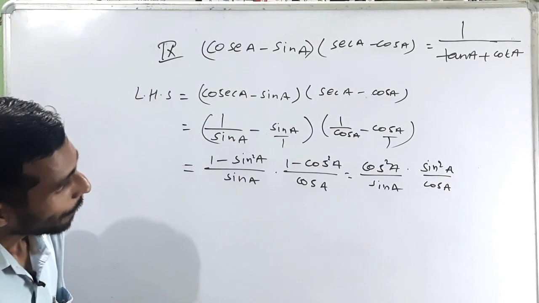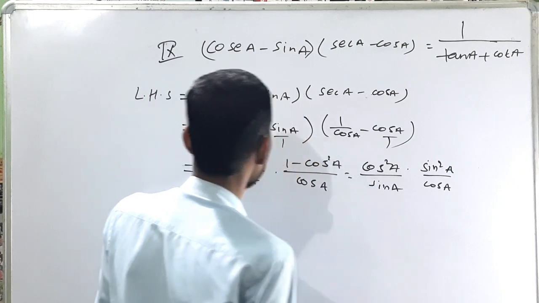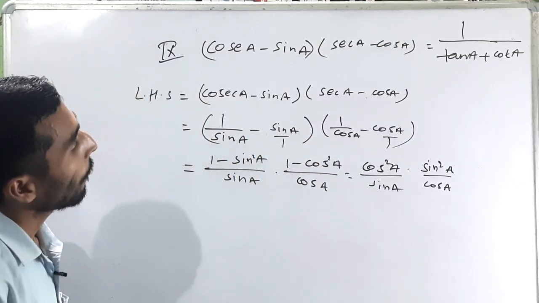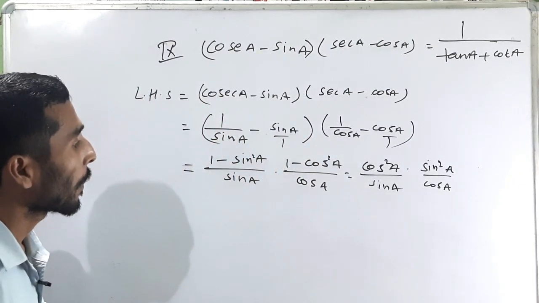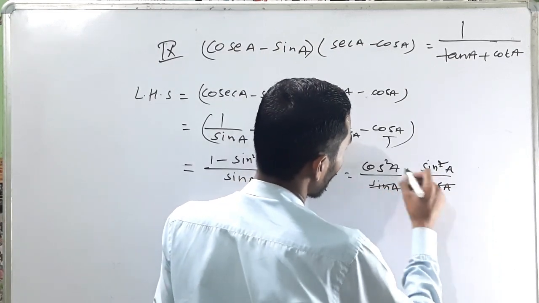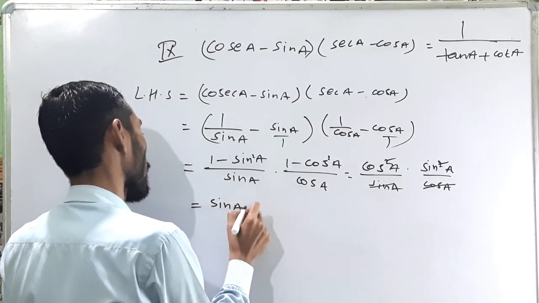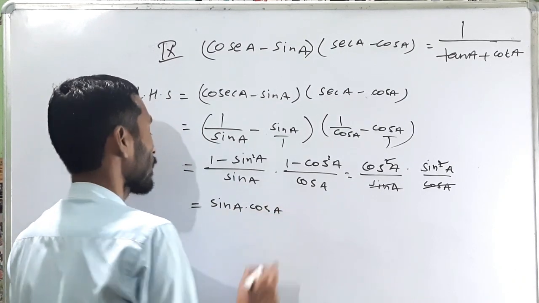So what will happen? We can cancel out sin a into cos a.